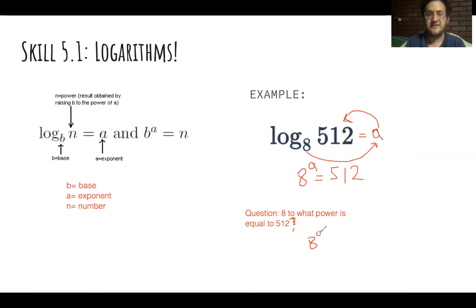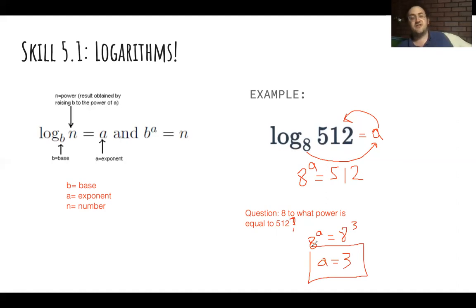So we could say 8 to the a equals 8 to the third. So therefore, a is equal to 3. And you could also use your calculator. There's a log button on your calculator, and we'll learn some calculator tricks for that as well.